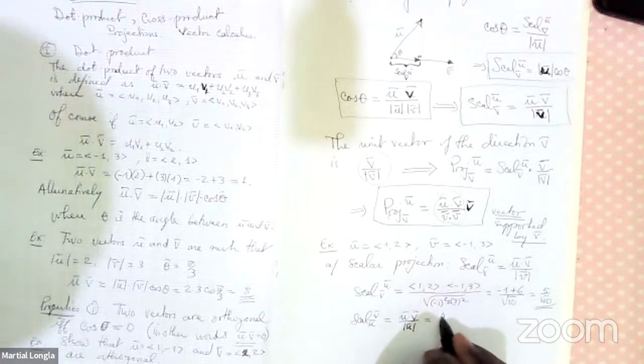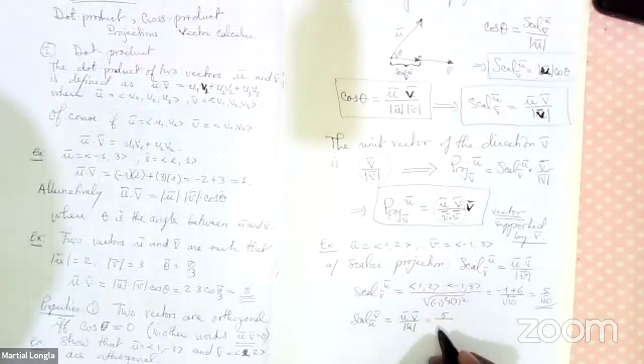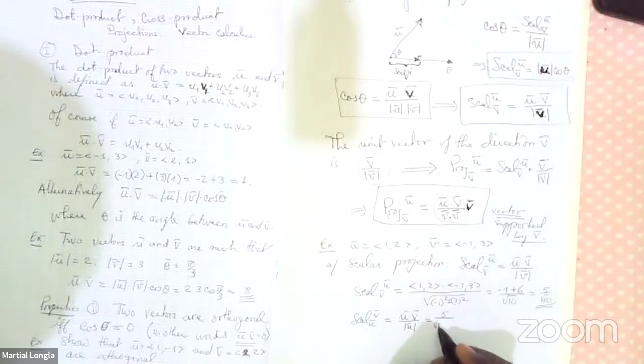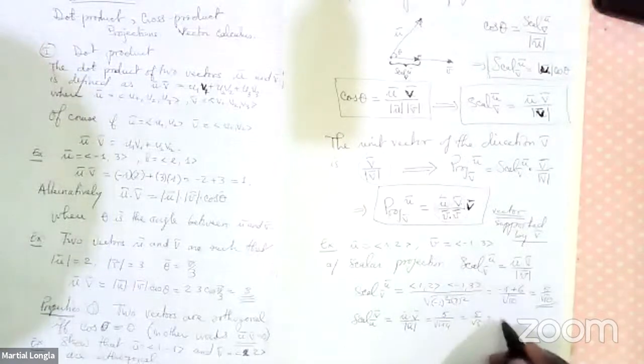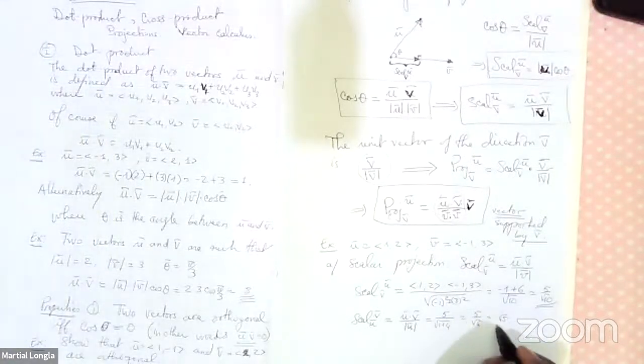U dot v is still 5. And the magnitude of u is square root of 1 plus 4, which is 5 over square root of 5. That's root 5. So the scalar projection of v onto u is root 5, and the scalar projection of u onto v is 5 over root 10.